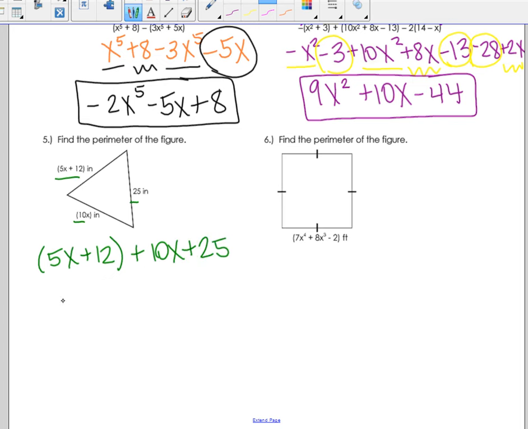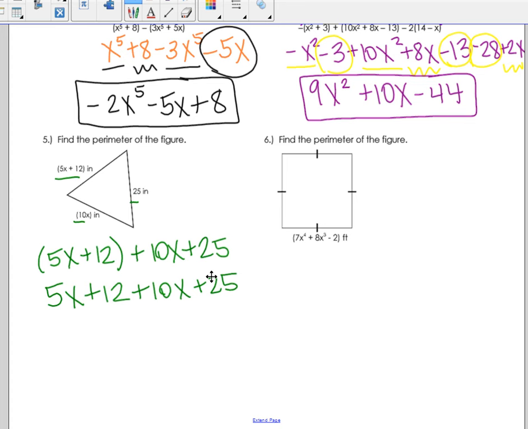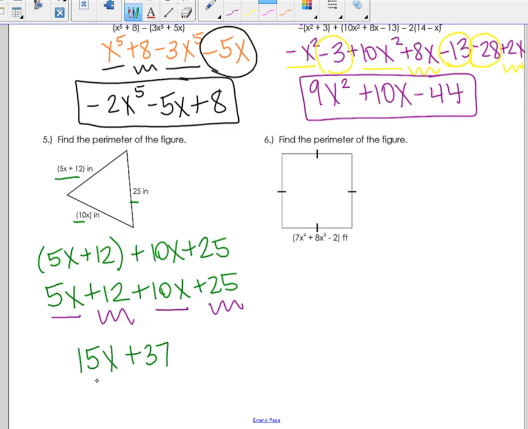So in this case, we're adding all the way across. So when you drop your parentheses, nothing's going to change. We end up with 5x and 10x, and then 12 and 25. So your final answer is 15x plus 37.